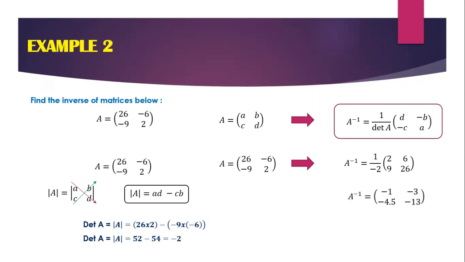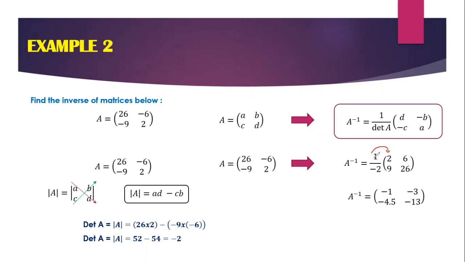We can simplify this matrix by inserting minus a half to the inside of the matrix. Now we have the inverse of matrix A. We can times all the components in the matrix by minus half.